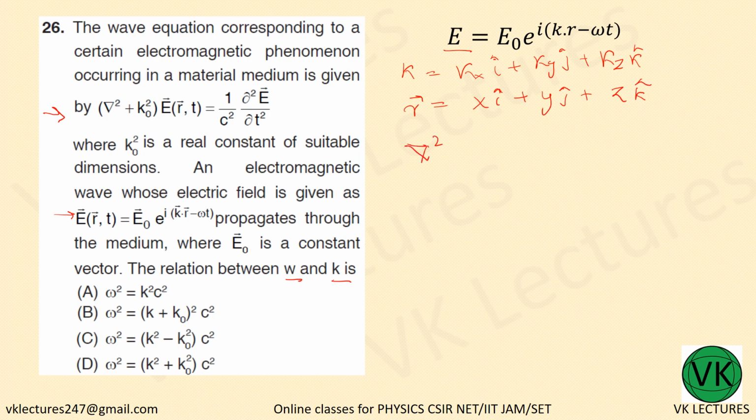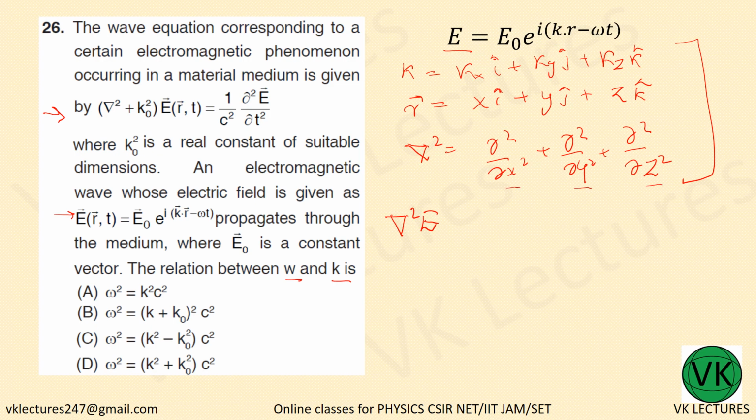Del square is nothing but dou square by dou x square plus dou square by dou y square plus dou square by dou z square. Now we want del squared of E. For theory purposes we need to find dou square by dou x square, y and with respect to z also, but for competitive exams we just need to get the terms.